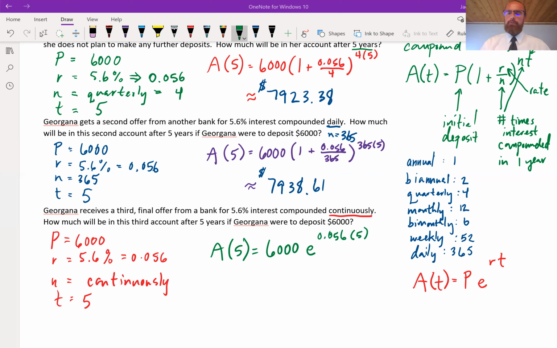So we'll head over to the note screen. So that value is about $7,938, but now higher at 78 cents. So what is the difference between compounding at a certain interval, for instance, quarterly, monthly, weekly, daily, and compounding continuously?